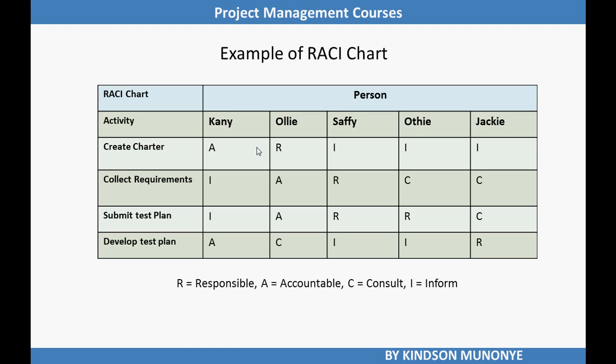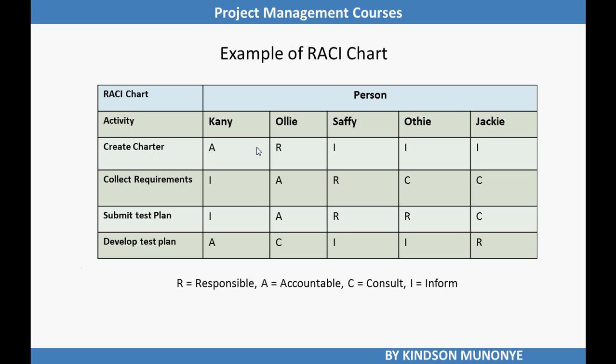What does it mean? The responsible is the owner of the activity or the work. The accountable is the person that delegates the activity involved or the work in question.